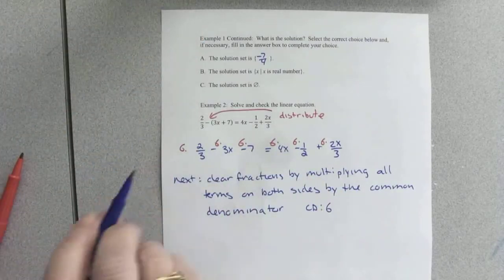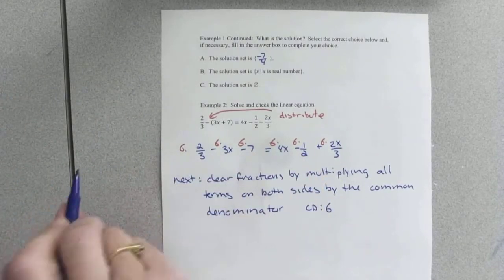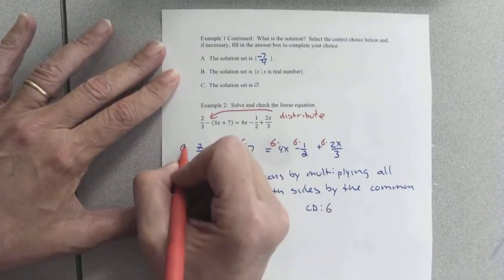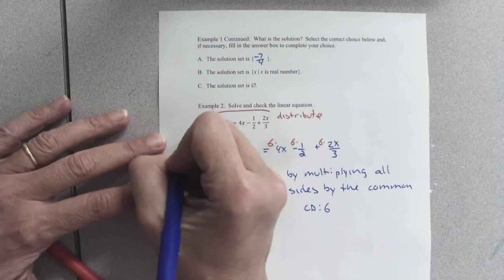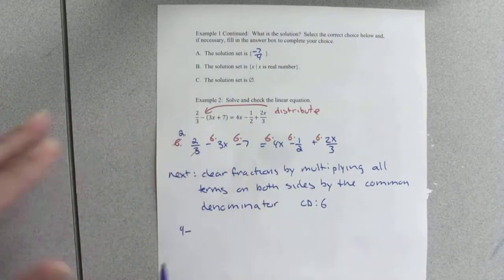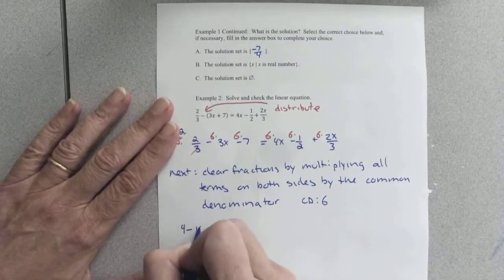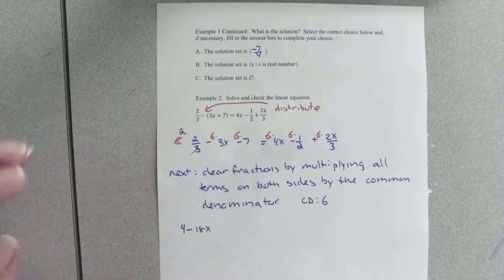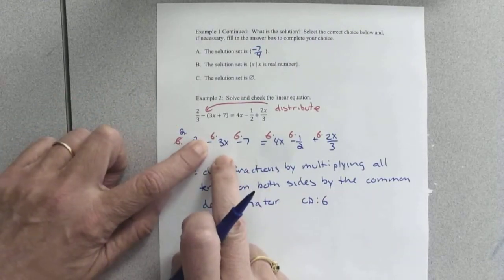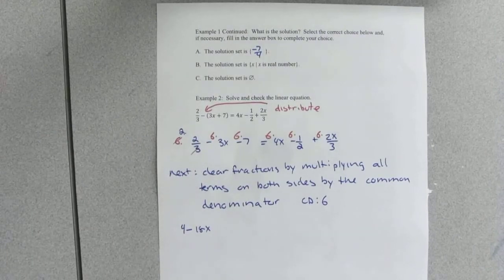So on this first term here, the 3 and the 6 are going to cancel, leaving 2. And so I've got 2 times 2 for 4. On the next one, again, you're canceling denominators, so nothing cancels here. 3 times 6 for 18. A common mistake would be to cancel those anyway, but that's why I said it was 6 over 1. It's denominators that are canceling.